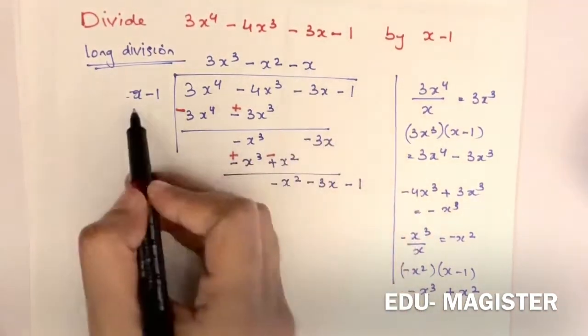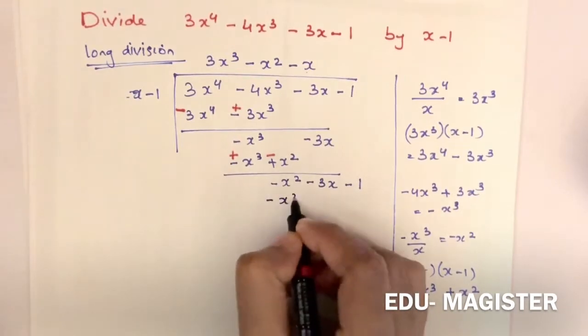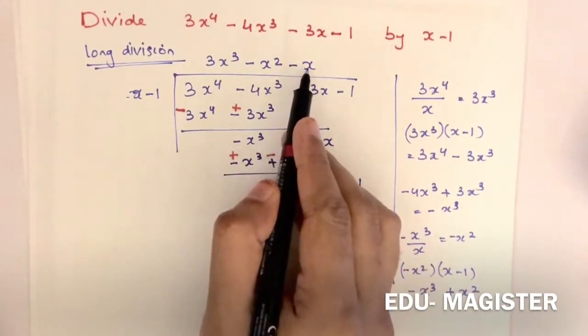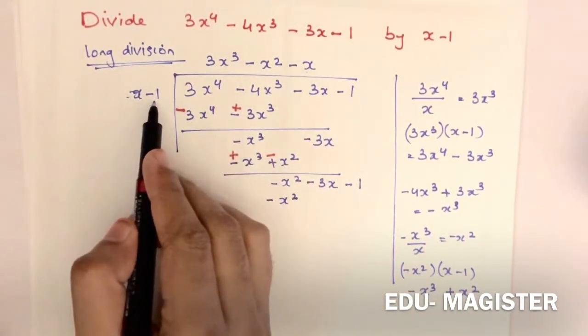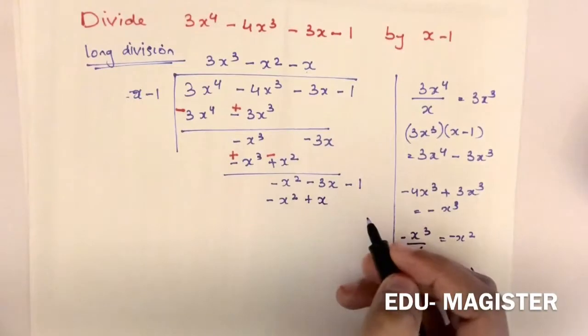Now x into minus x is minus x square, minus x into minus 1 is positive x.